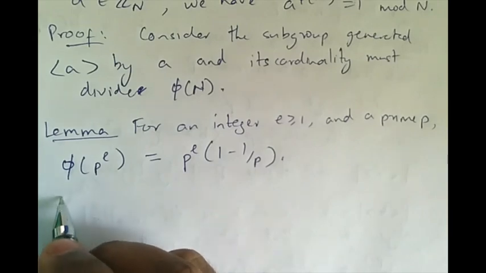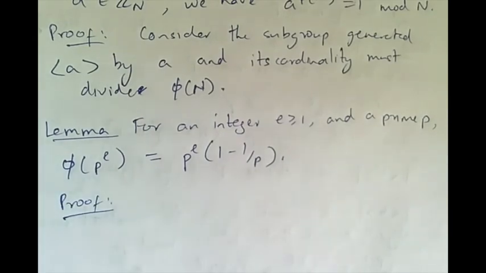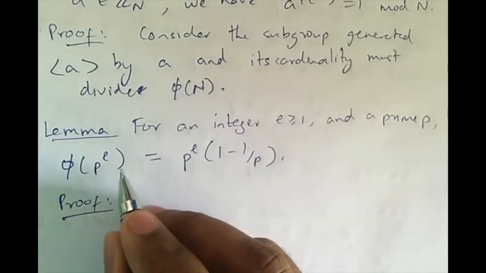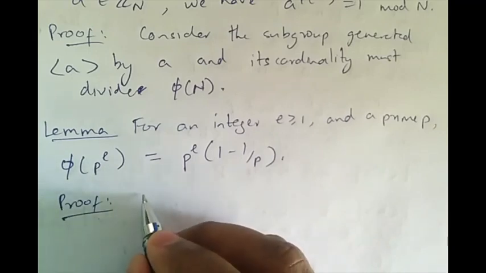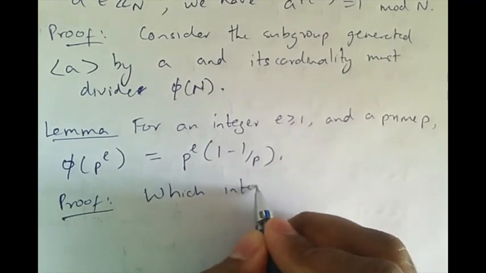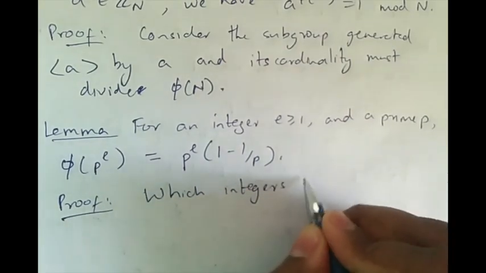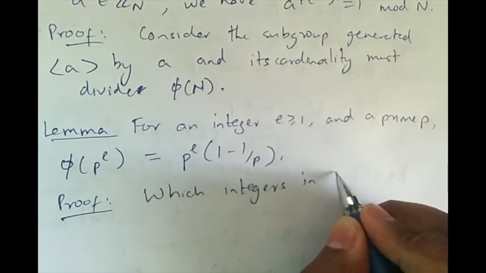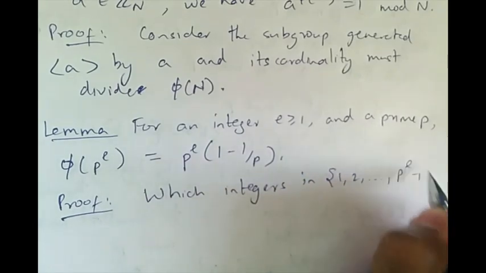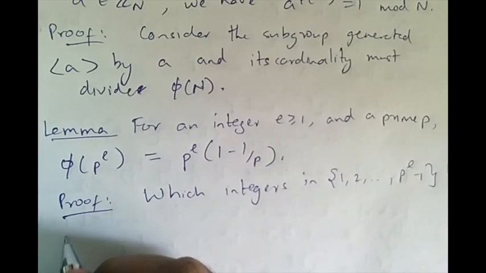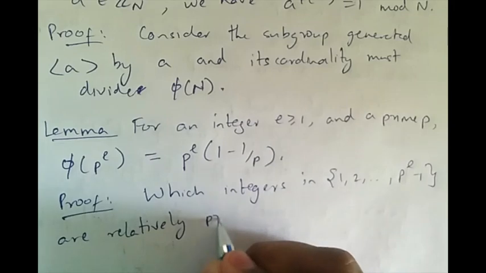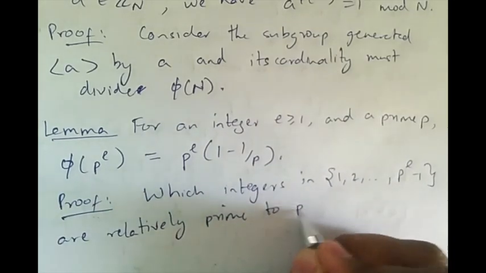So what is the proof? So what do we need to do? We need to, by definition, check which integers in 1, 2, up to p to the e minus 1 are relatively prime to p to the e.